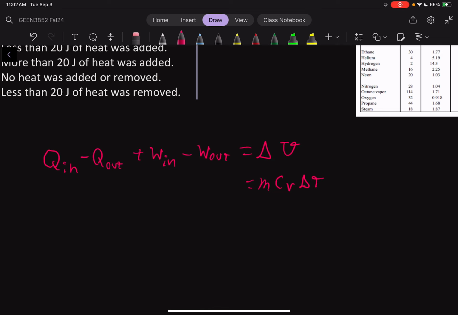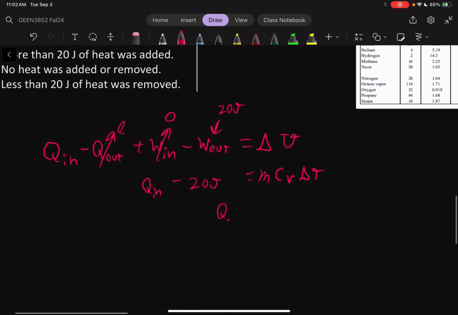We calculated the work out to be 20 joules. We know that there's no work in, there's work out. So I'm going to say that there's no work in, that's 0. There's no heat out, we have heat in. And so we have Q in minus 20 joules, that's my work out, equals mCv delta T. Q in is equal to mCv delta T plus 20 joules.